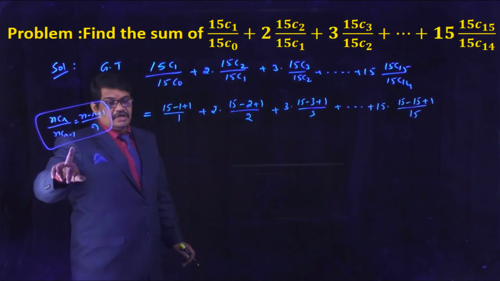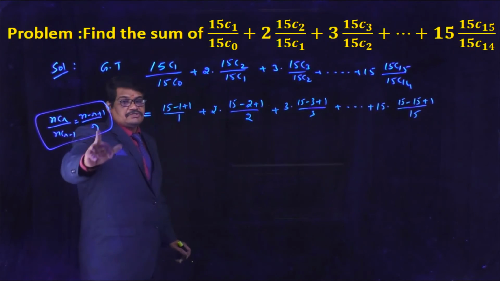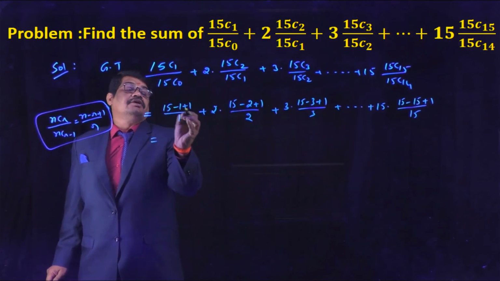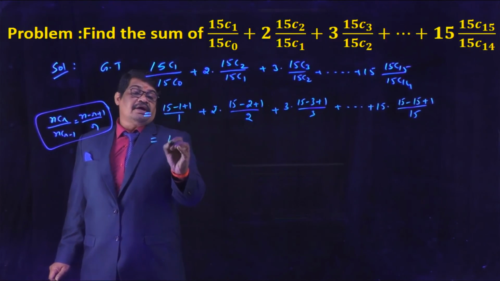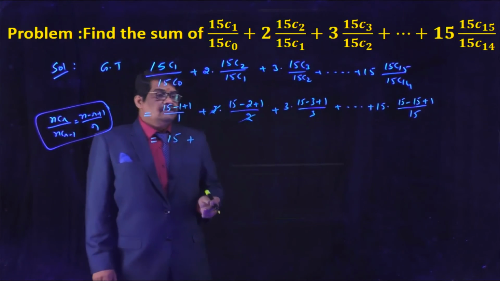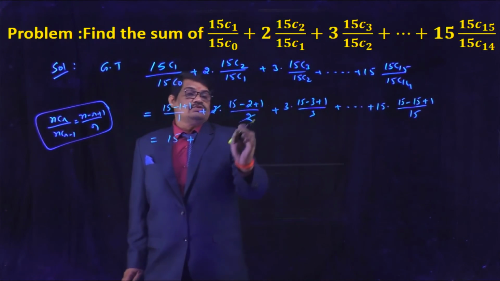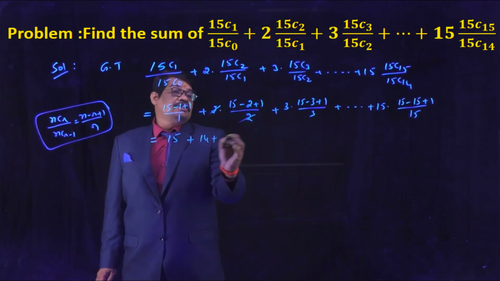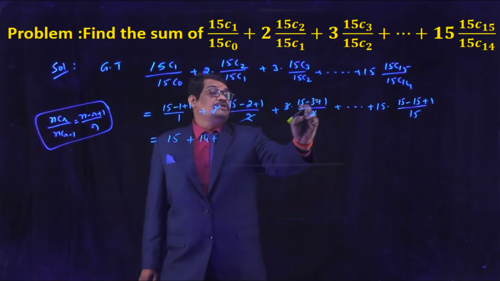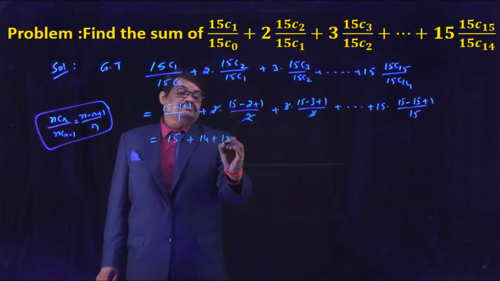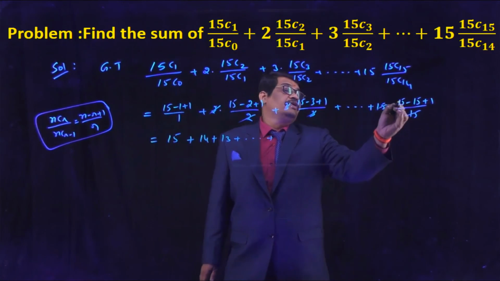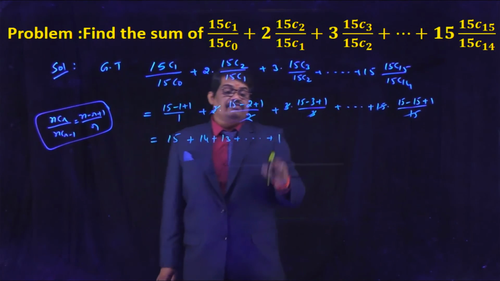Here 15 minus 1 plus 1 will be cancelled. This is 15. Here 2 will be cancelled, that is 16 minus 2, that is 14. Next here 3 and 3 will be cancelled, that is 16 minus 3, that is 13. Like this. The last one is here 15 cancels, minus 15 plus 15 cancel.